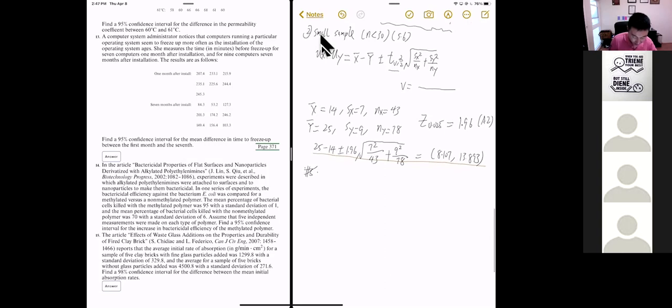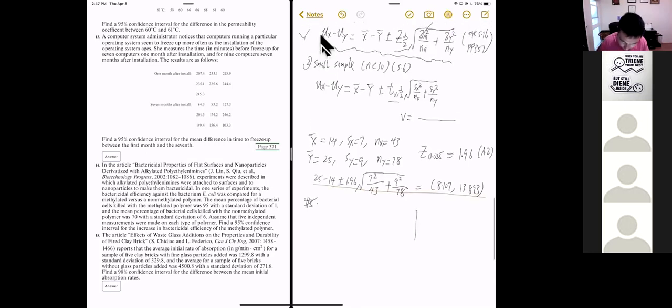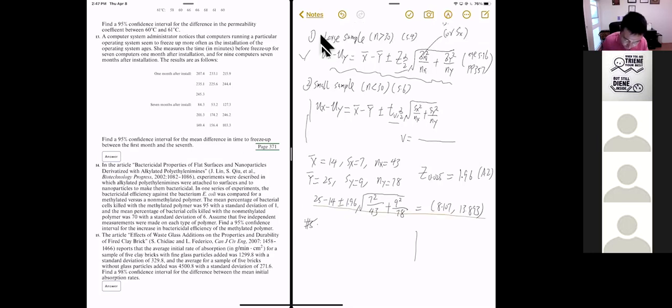Here is the sample size: assume that 5 independent measurements were made on each type of polymer. So 5 is a small sample. So we use this equation, the small sample confidence interval for the difference between two means.